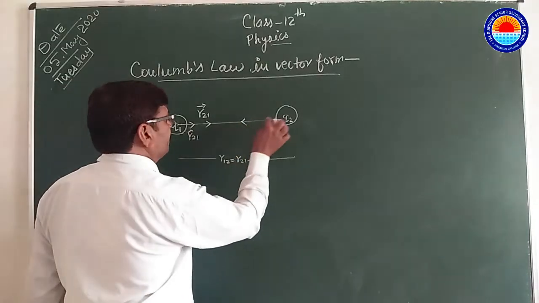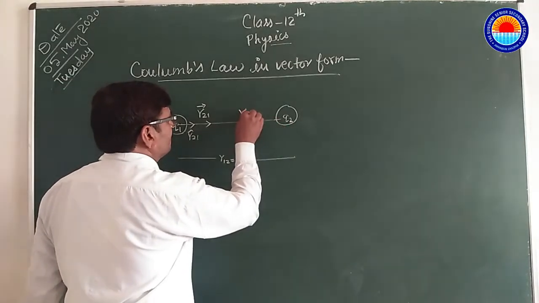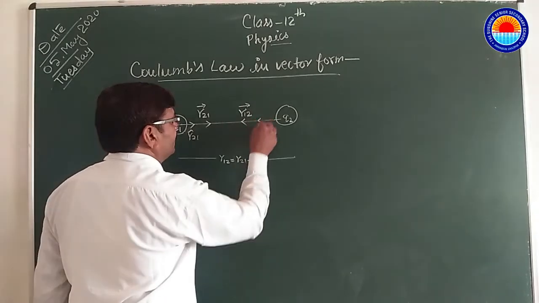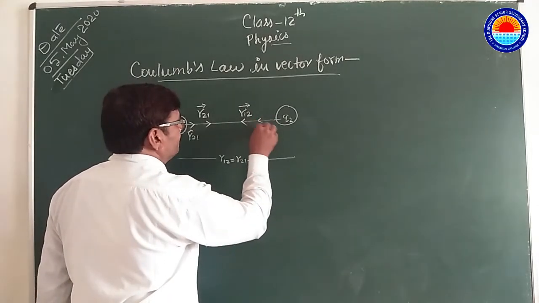This position vector of Q2 with respect to Q1 is this one, and unit vector R12 is this.